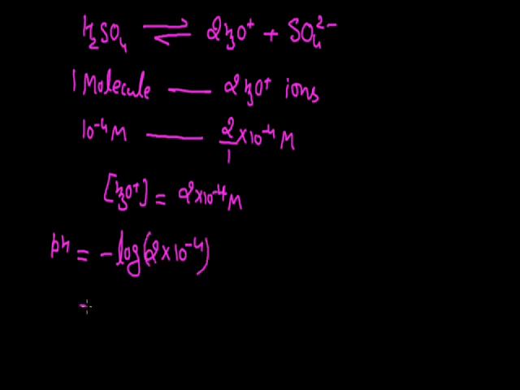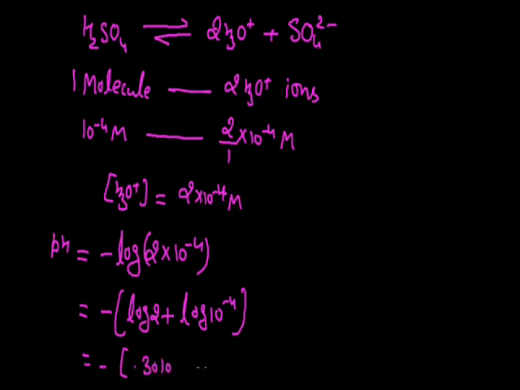M. By taking the log of this, we can simplify this as log 2 plus log 10⁻⁴. And as we go for the simplification of this, the minus is out of the bracket. Log 2 is 0.3010.